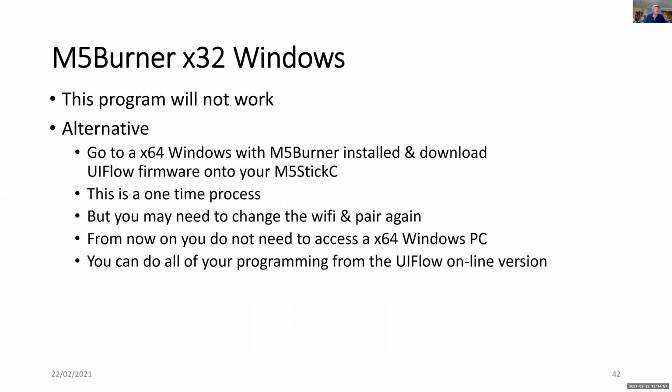You just have to download the M5StickC UIFlow firmware. And once you've done that and you've paired with your own home PC again, you can then continue with development and coding and downloading onto your M5StickC, even though you have only a 32-bit Windows computer.